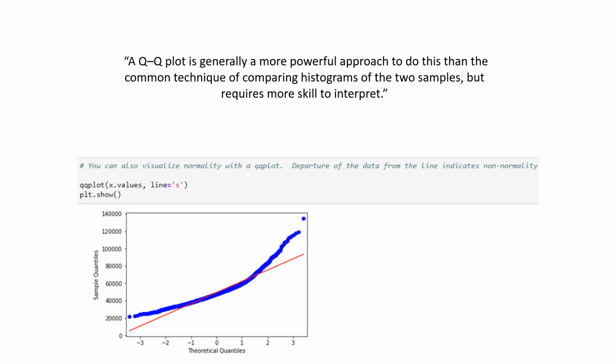Actually, I'm not sure whether this is the income data or not, but for whatever this variable is, we are over predicting at the ends, and we are under predicting at the middle. So there are big departures from the red line here in a systematic way. It's not the noise that matters. It's the overall pattern. The fact that it doesn't match this red line means that we've got some non-normality going on here.